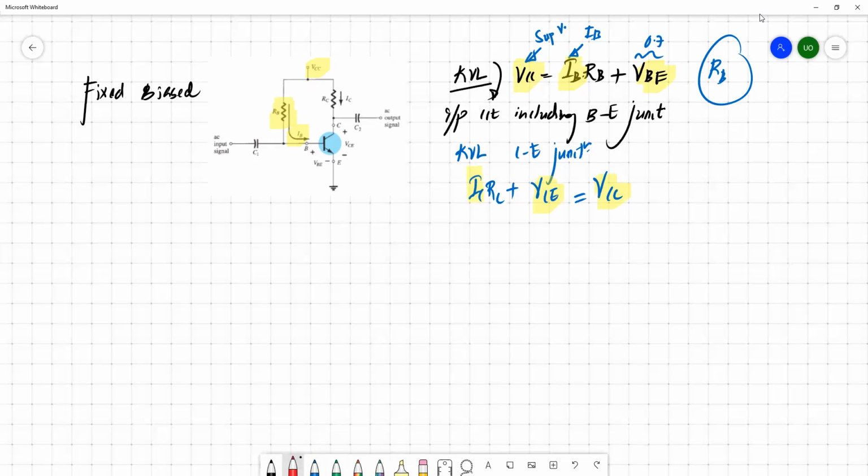You can easily calculate RC. So if you are given the RC values, supply voltage and collector current IC, you can easily calculate the other parameters as well. Once you rearrange this expression, you get the DC load line equation, and by placing this DC load line you can manipulate the circuit parameters according to your requirement.